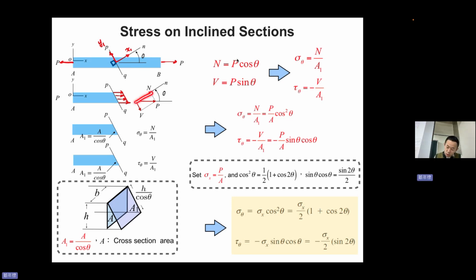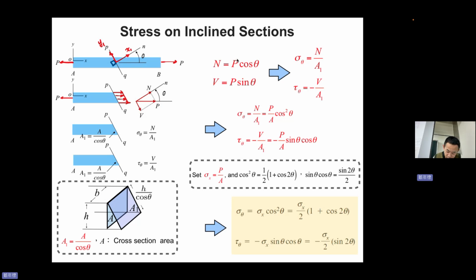The first one is N, the other is V. What is N? Normal. V is shear. So your force P can be decomposed into two components, 两个分量, normal and shear. The shear, of course, is parallel to the surface. N is normal to the surface, perpendicular to the surface. I guess this is not very difficult for you.